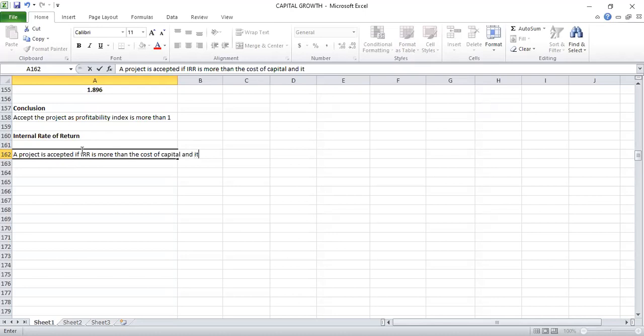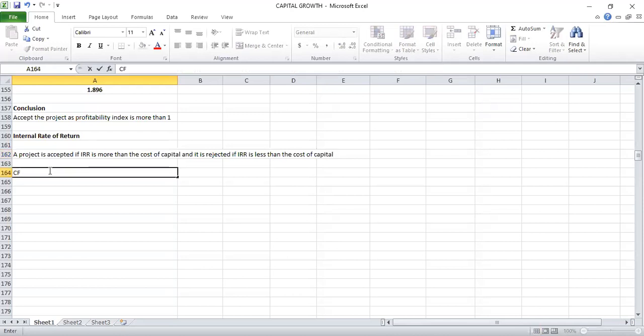And it is rejected if IRR is less than the cost of capital. So like in this case, as long as the IRR is less than 19%, we reject. If the IRR is more than 19%, we accept.